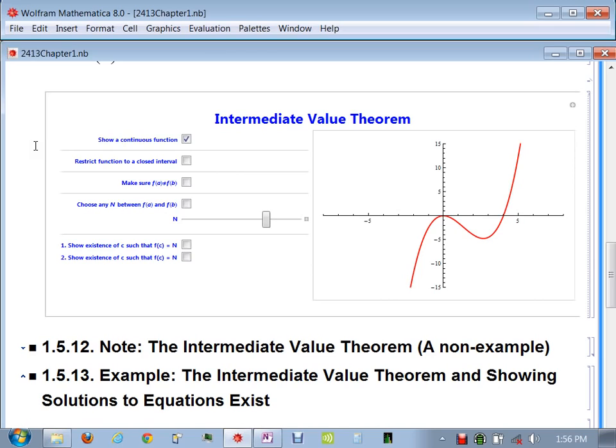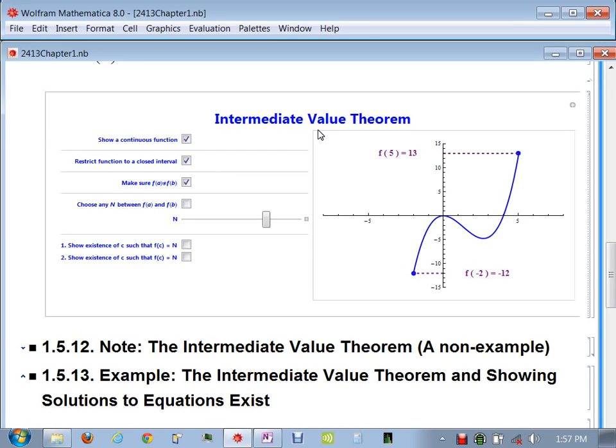If you've got a continuous function and you look at it on a closed interval, so you chop off the ends and make it go from one point to another, and the two endpoints are not the same value. So this one, you plug in a number, you get -12. You plug in this one over here, 5, you get 13. So you've got a continuous function on a closed interval, and the two endpoints are not the same.